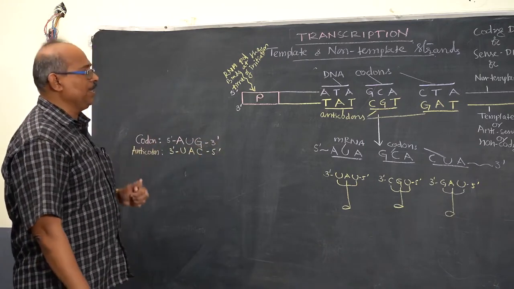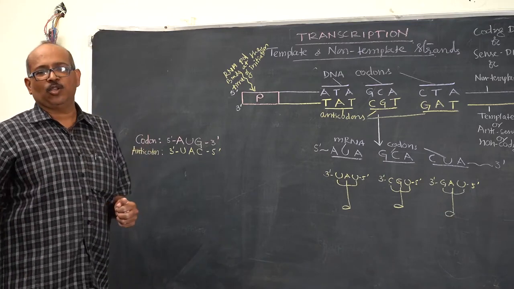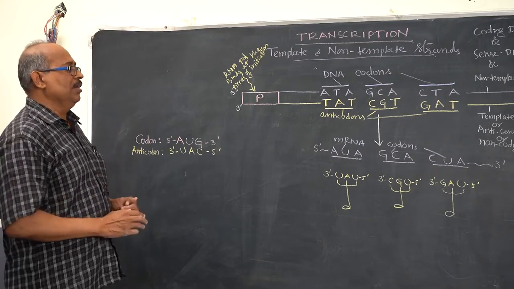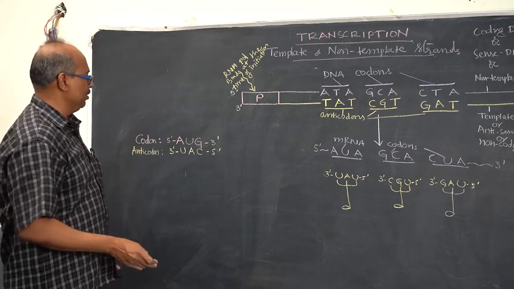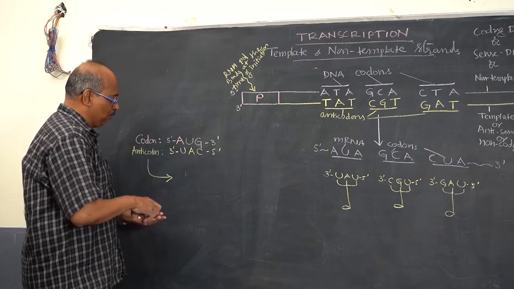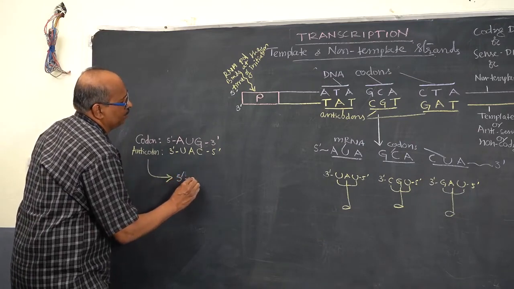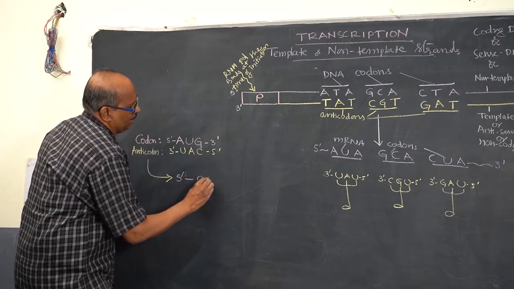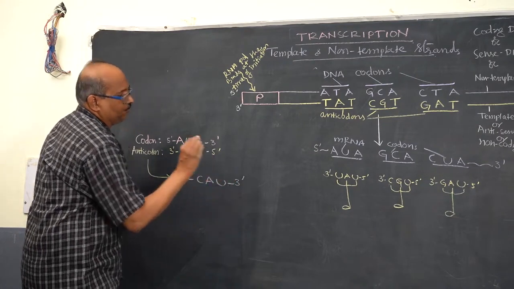But we get a problem here, and that problem is any nucleotide sequence should be written from 5 prime to 3 prime end. So writing this anticodon, what we will do is this. We write 5 prime C, A, U, 3 prime.